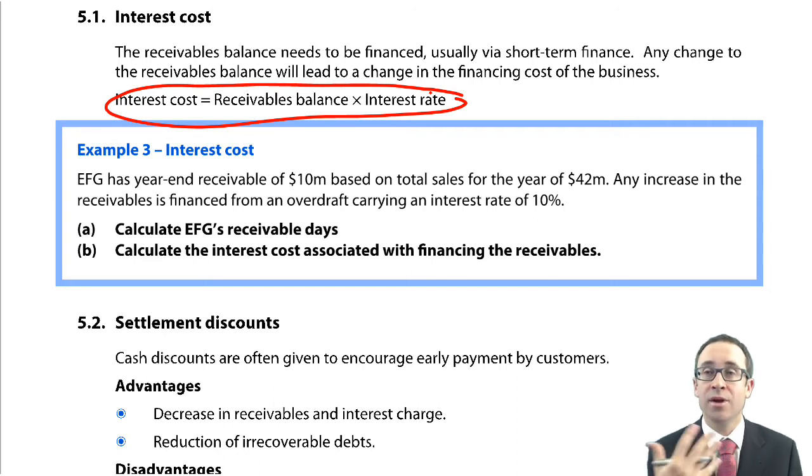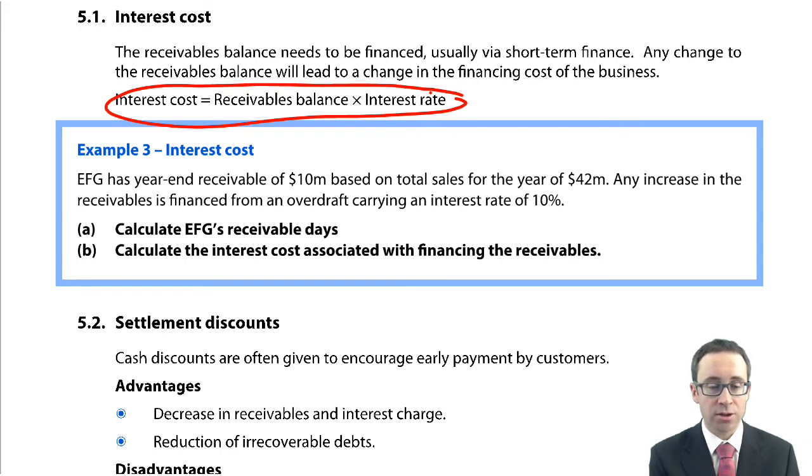It's a consideration that you would have in the real world. But here, you just take the receivables balance and multiply it by the interest rate. That interest rate is the rate on your short-term borrowings, either a loan or an overdraft.